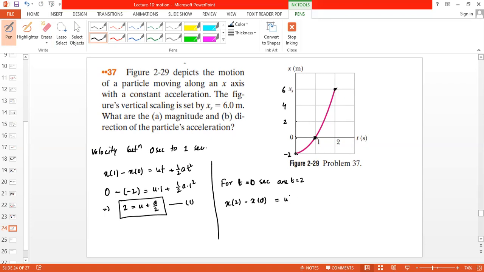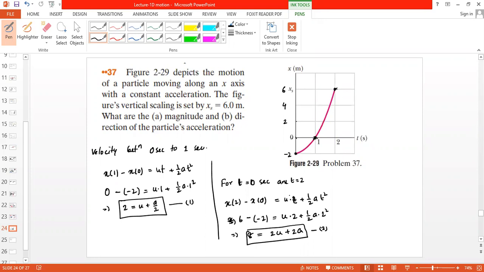The displacement x of 2 minus x of 0 is equal to ut plus 1/2 at square, where u is the initial speed of the object. So x of 2 is 6 minus x of 0 is minus 2, equal to u into 2 seconds plus 1/2 a into 2 square. So that means 8 equal to 2u plus 2a. These are the 2 equations. This is equation number 2.